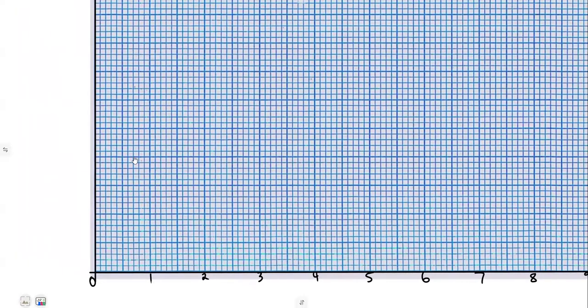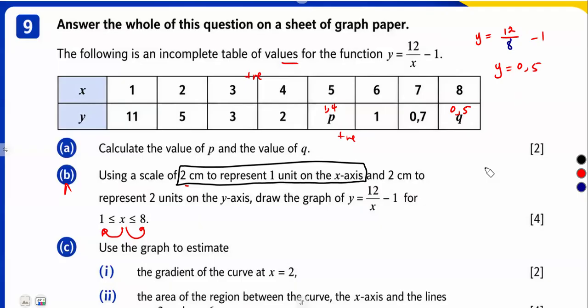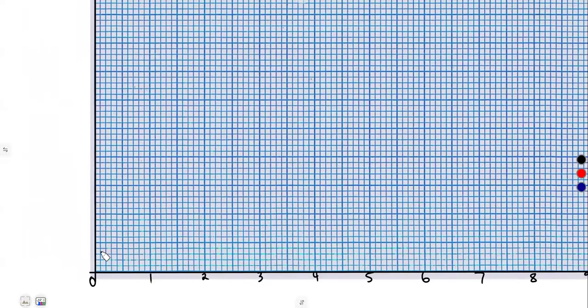Then we move on to the y-axis. 2 centimeters there represents 2 units on the y-axis. But they are positive, and we must include 11 as our maximum value there. As we can see, all values are positive. So we must just take up to 11, 2 centimeters to 2 units.